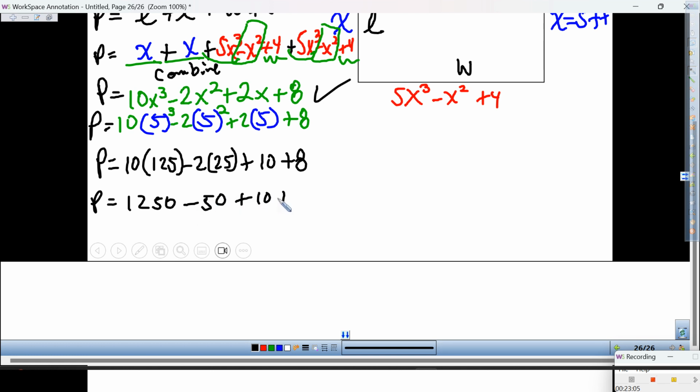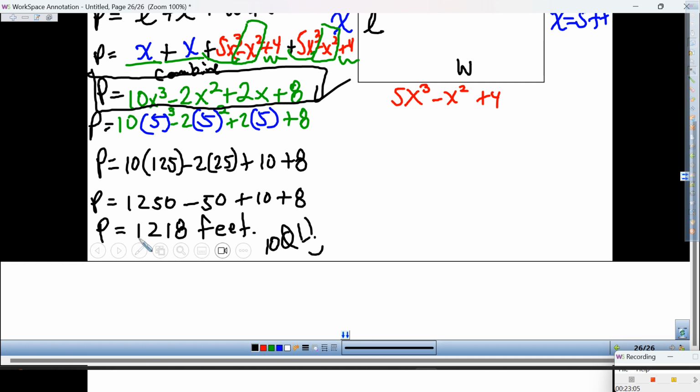Plus 10 plus 8. So let's go from left to right. Ready? What's 1250 minus 50? 1200 plus 10 plus 8. 1218, and that is in feet. And of course, at the end you write feet cubed. Let's go. So what do I need to see? Number one, the polynomial modeling the perimeter, and then at the end the answer to the question posed. 2 things. From 1 to 5, I'll come to see where you are with this. All right, let's move on.